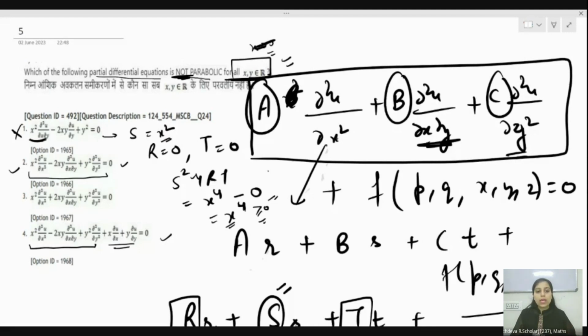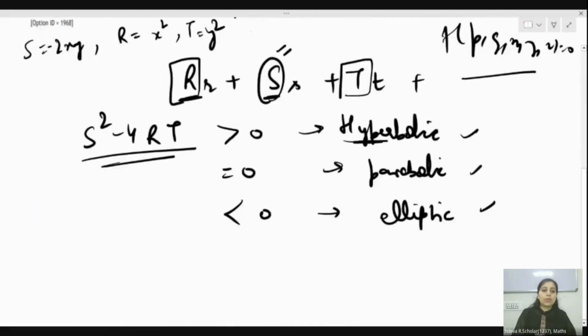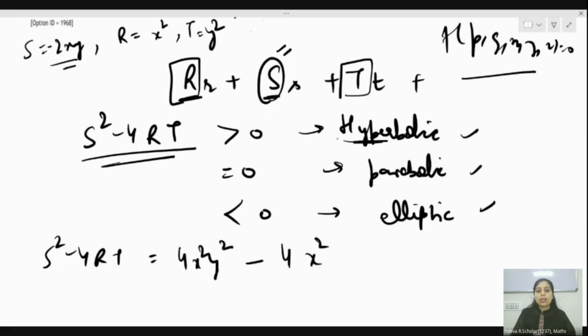In this, we have s equal to minus 2xy, r equal to x square, the coefficient of ∂²u/∂x², and t equal to y square. s square minus 4rt: the square of minus 2xy is 4x square y square, minus 4rt.